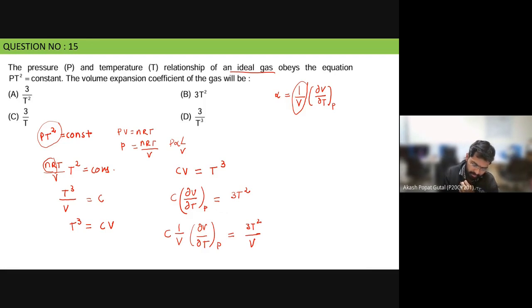But if you see, the same constant is here. We can write V in terms of T for the right hand side.